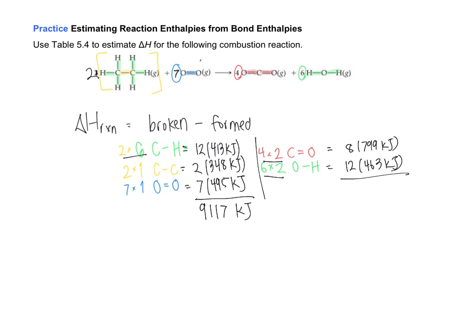So when we add up those, we end up getting a total of 11,948 kilojoules, and that's how much energy gets released when we form. So we're going to do broken minus released, and our delta H of this reaction is going to be negative 2831 kilojoules.